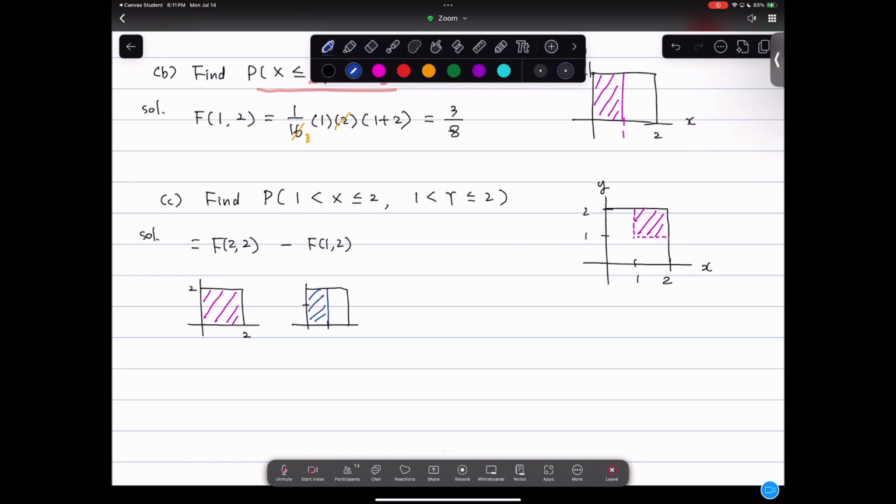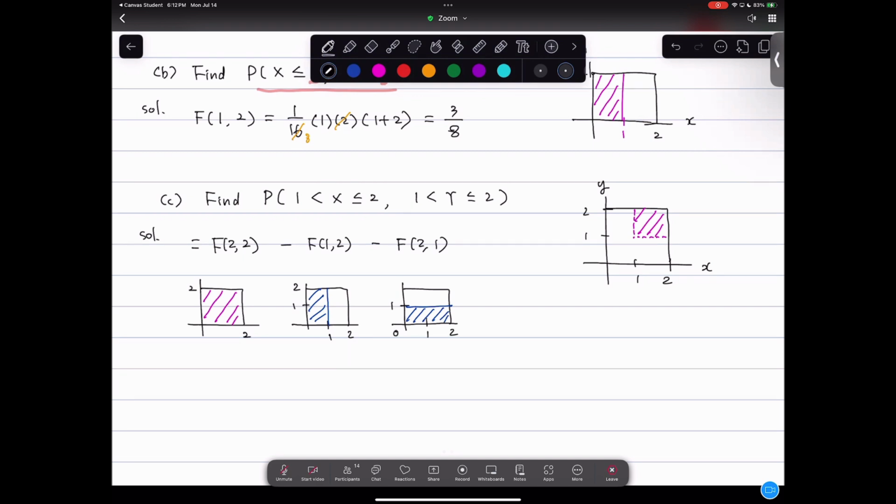So from the volume over this first big 2 by 2 region, I'll be subtracting the volume over this region. And I'll also be subtracting F of 2, 1, where x is 2 or smaller and y is 1 or smaller. So it should be the volume of this region right here.